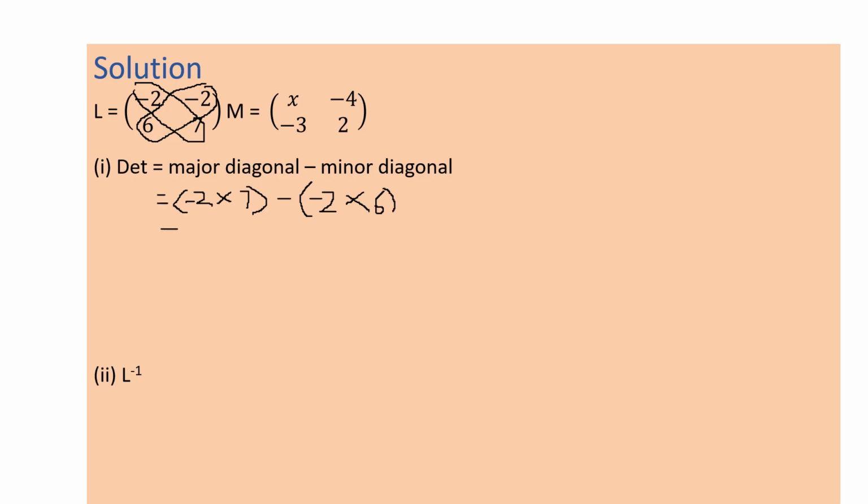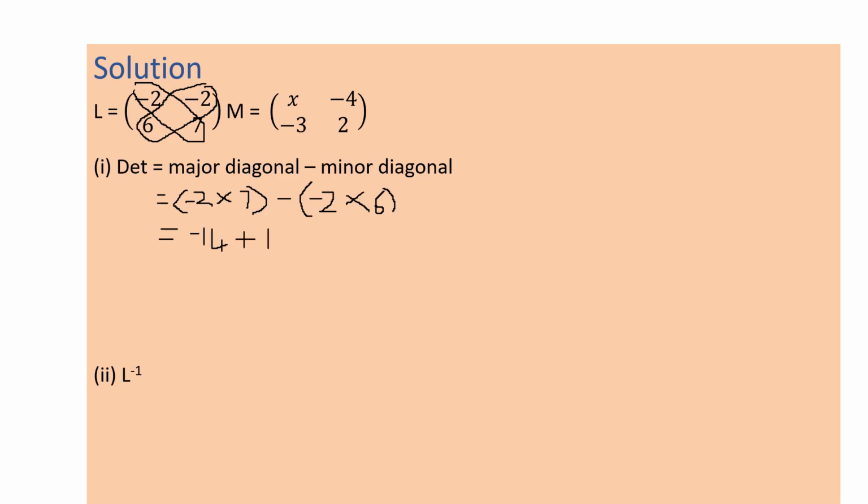-2 multiplied by 7, you are getting -14. Then -2 multiplied by 6, that is -12. So the negative, we have another negative here, we are going to have a positive here.